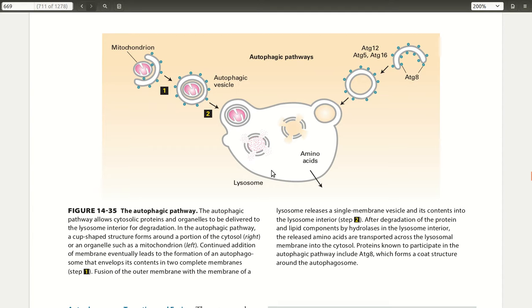And of course the lysosome has proteins that will degrade any components inside of this vesicle into amino acids.